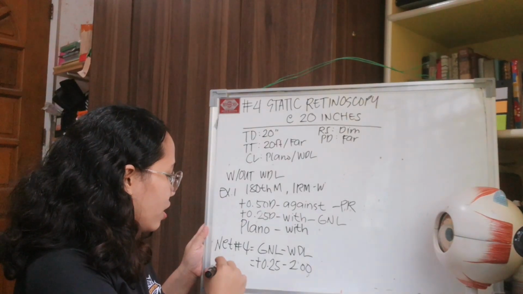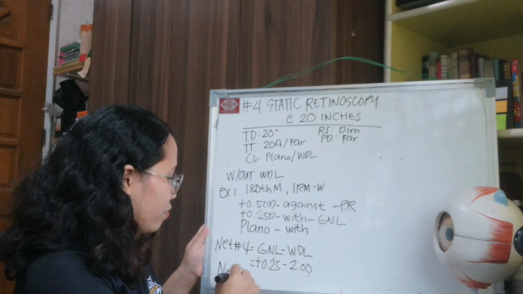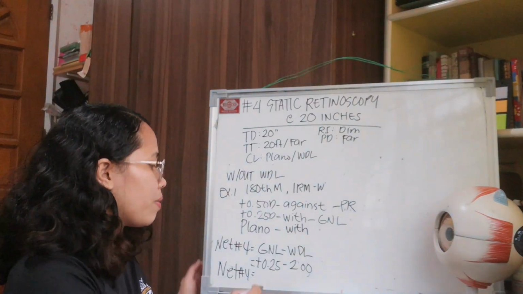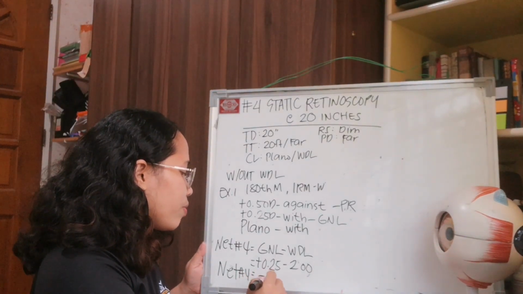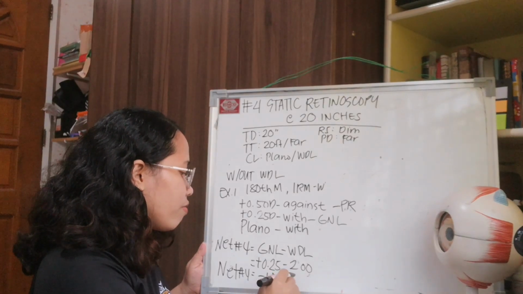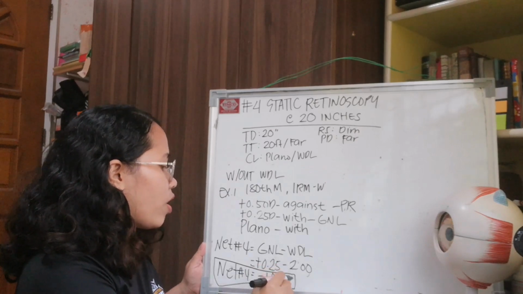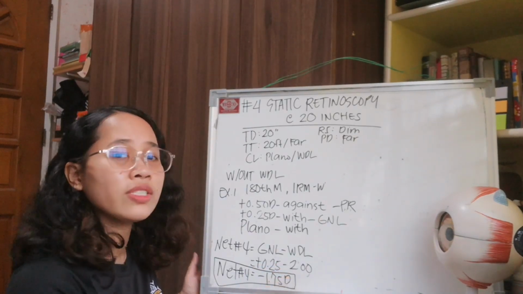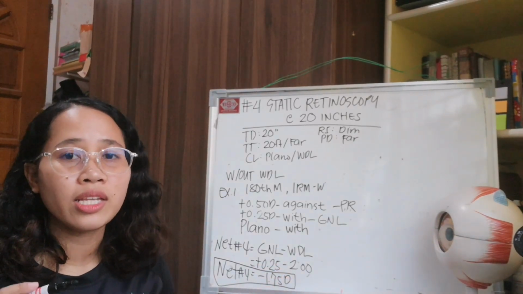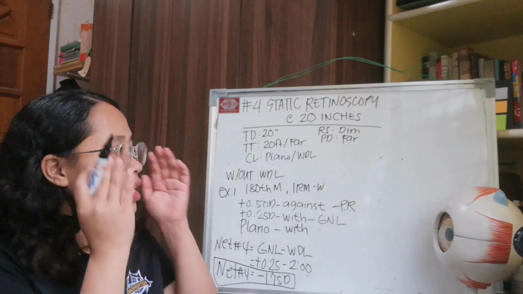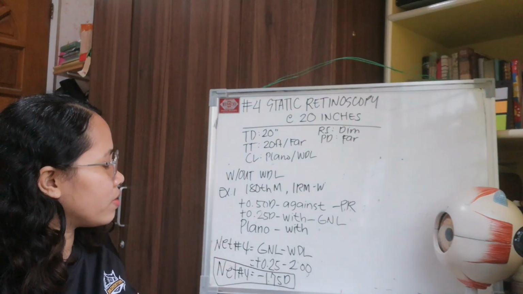So the net number 4 is plus 25 minus 2, which is minus 1.75 diopters. So the refractive status of this patient is correct. It's myopia. So hope you get the flow.